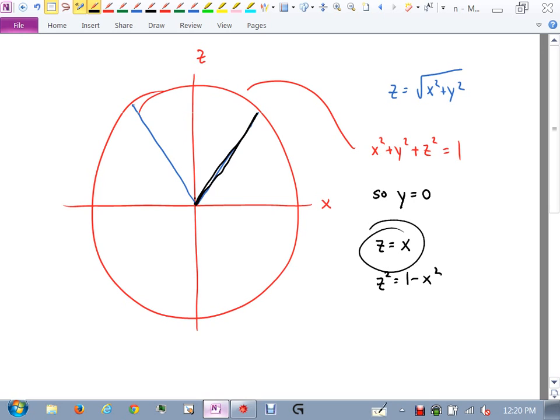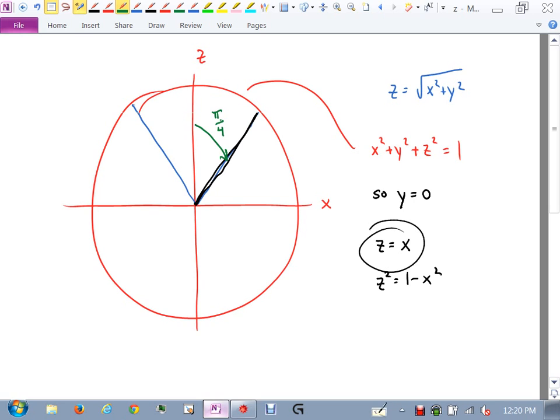Which means that the u variable, which is like my phi was, remember the u is measured from here to here, isn't it? So that would be pi over 4. Right? 45 degrees.